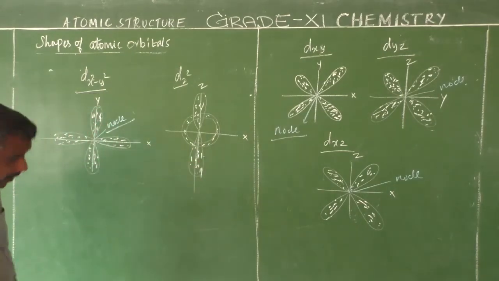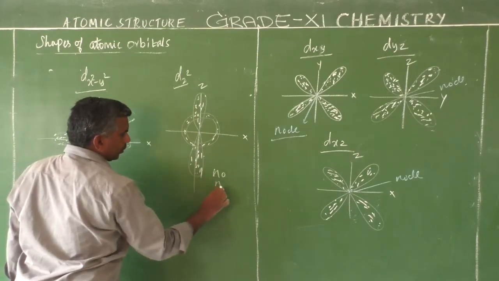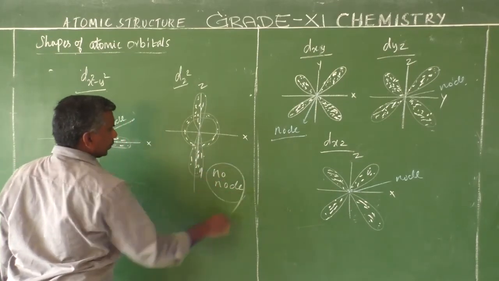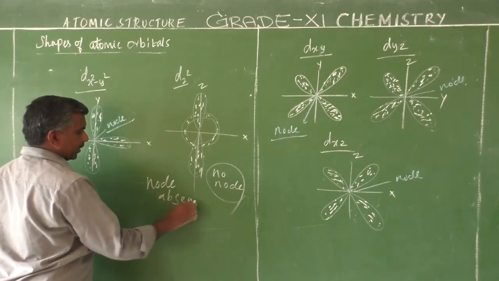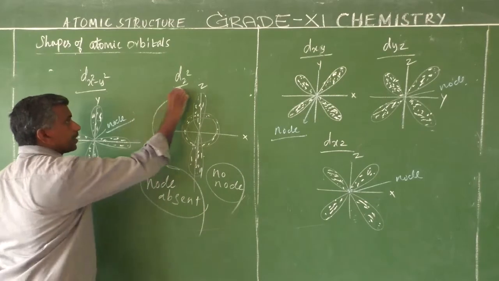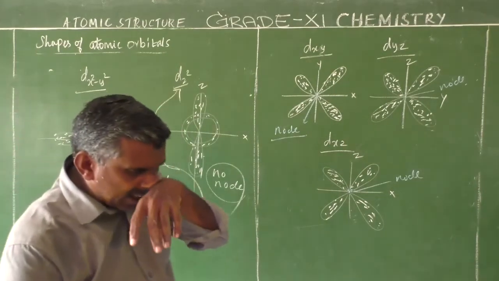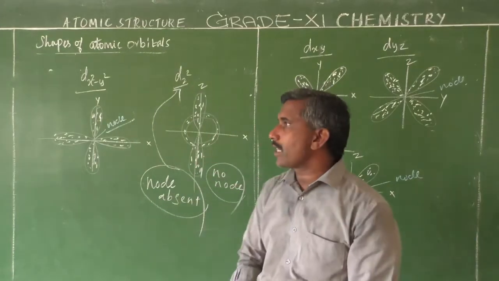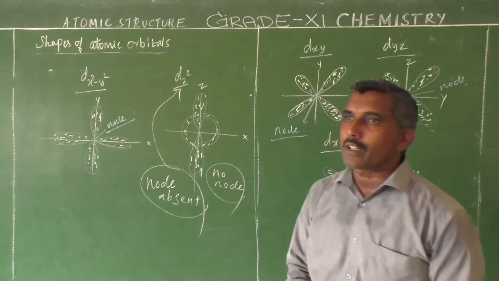Okay, here dz square orbital. Node is absent in the dz square orbital. Node is absent. This is the shapes of atomic orbitals.